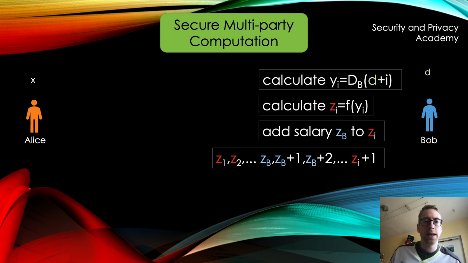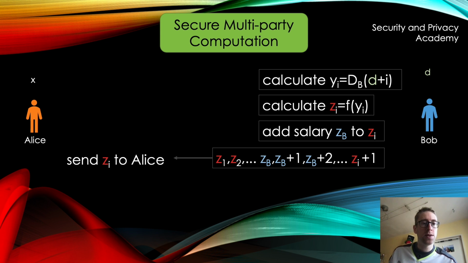So you can see here, if his salary, for example, is 4, he increases the values following the 4th value by 1. And this will be much clearer in the example that follows after I've completed the algorithm. He proceeds to send Zi to Alice, who now obviously also knows this series.